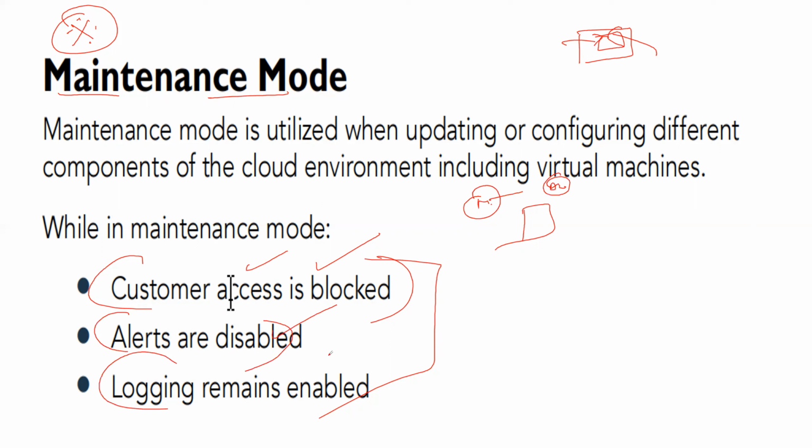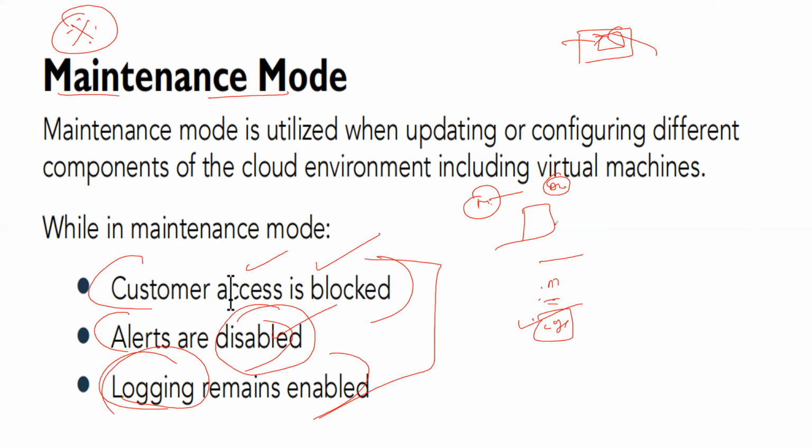Logging remains enabled. I have to make sure I log everything even during maintenance mode. The question in the exam will be framed like this. During maintenance mode, which should be enabled? Four options. One will be alerts, one will be blah blah blah, and another one will be logs. Which should be enabled? Logs. During maintenance mode, which should be disabled? Alerts.